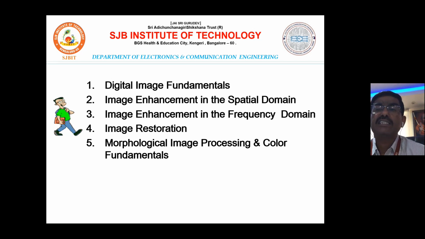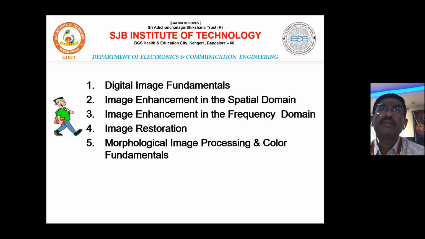What for this spatial domain? In this spatial domain, in the first level, we look into the relationship between the pixels. It means neighboring pixels, which we represent in the form of N4.